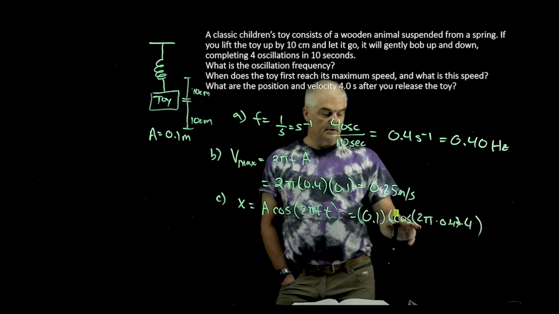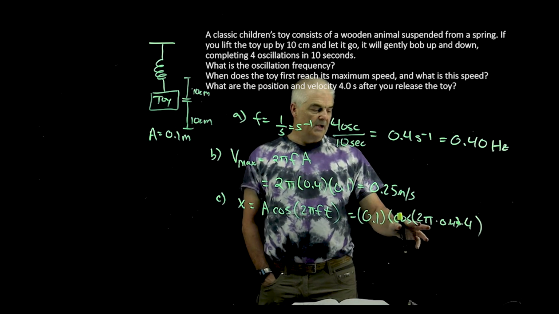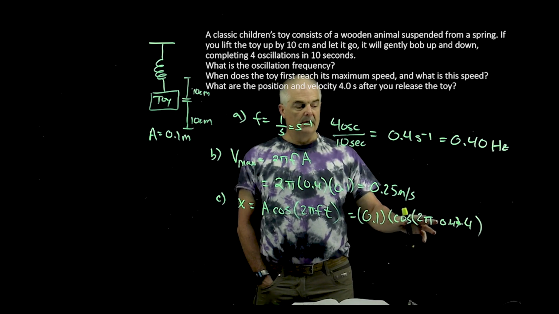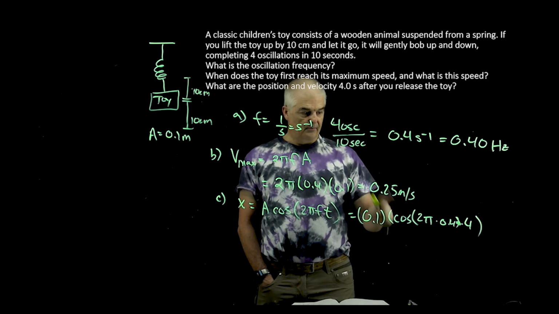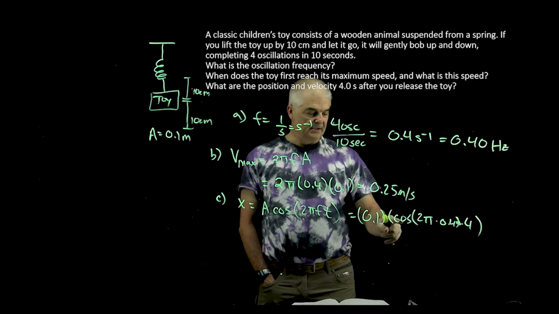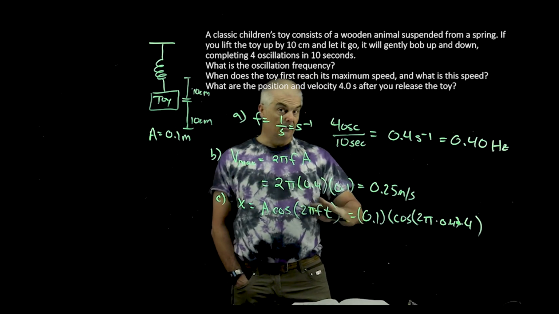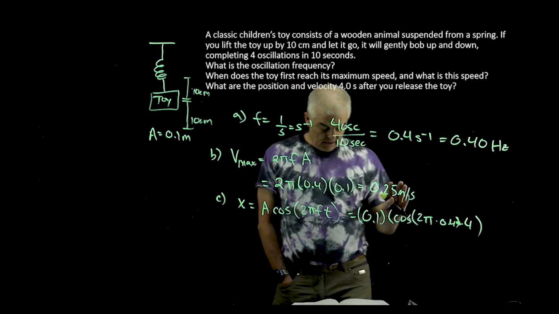And note, I struggled with this. I couldn't get the right answer. My issue was I didn't have my calculator in radians. So it's very important that you get your calculator in radians. This is all in radians when you talk about cosine's equation.